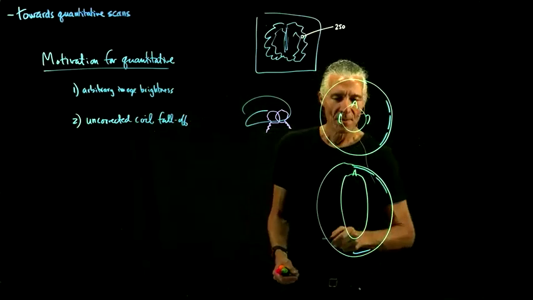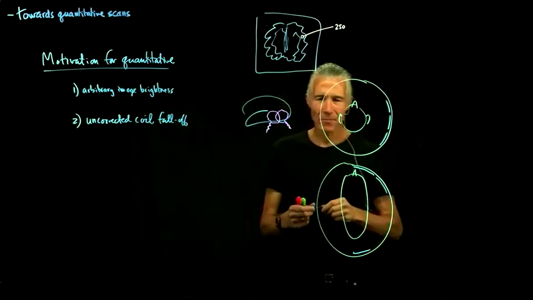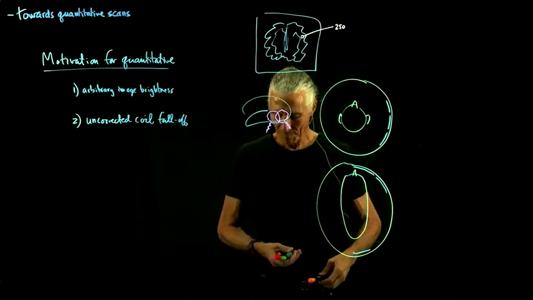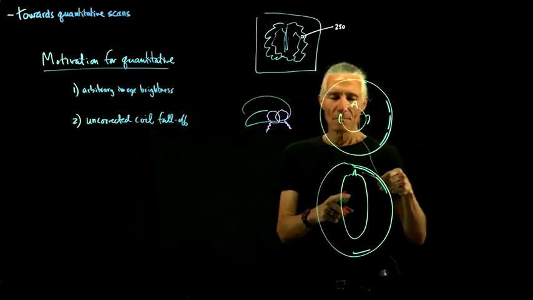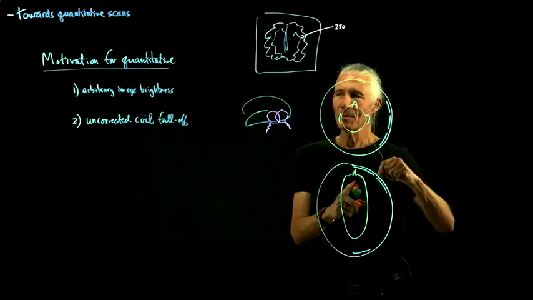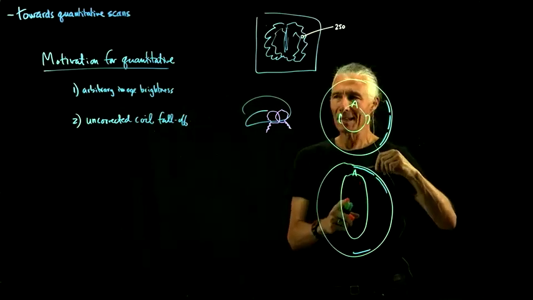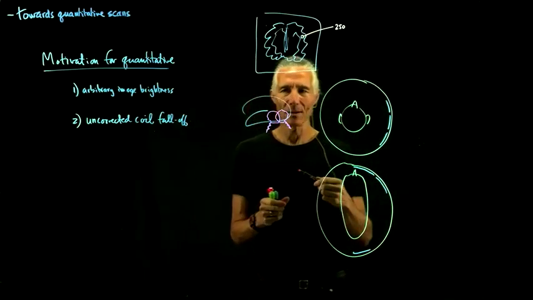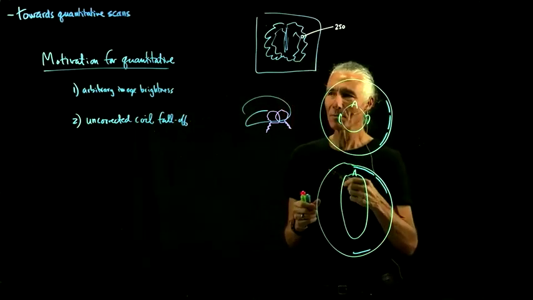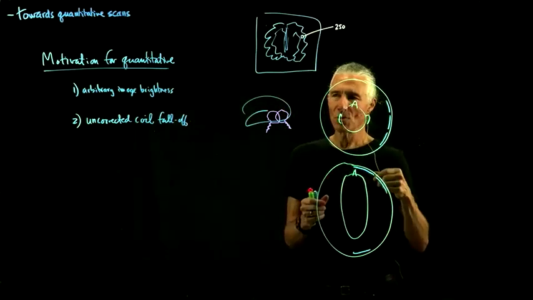In a situation like that, the actual brightness of the image when you get close to the coil will get a lot brighter. We're talking like 100% brighter or 200% brighter, like 2 or 3 times.